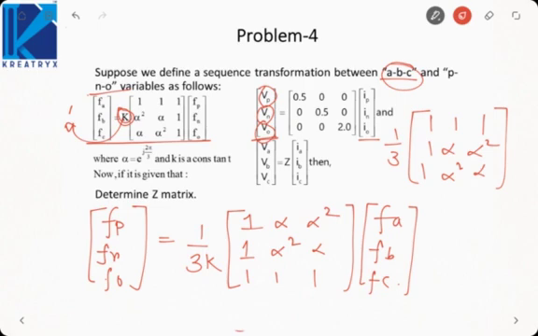Now we have to arrive at VA, VB, VC from VP, VN, V0. Then we can use this transformation. We will replace VP, VN, V0 by VA, VB and VC.